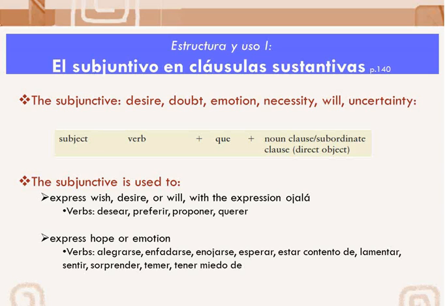The subjunctive is used to express a wish, a desire, or will, and also with expressions with ojalá. Let's talk about ojalá. Ojalá is an Arabic word that originally was o Allah, okay?